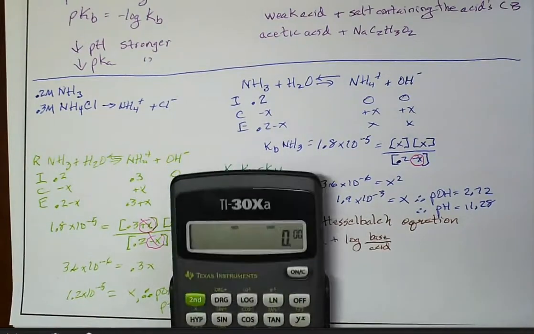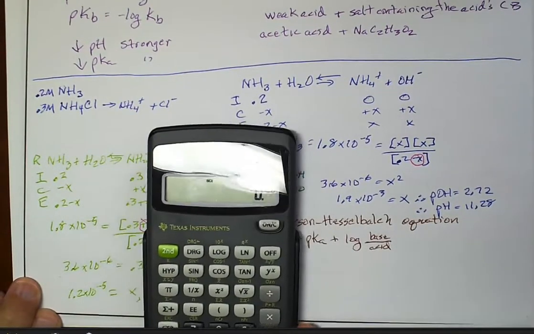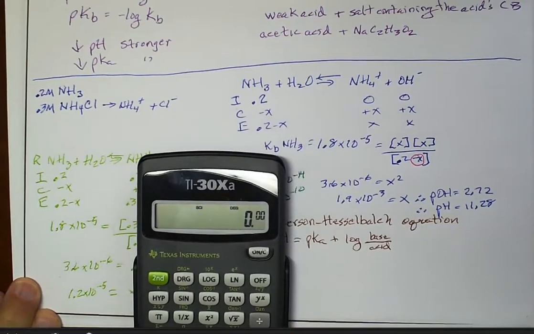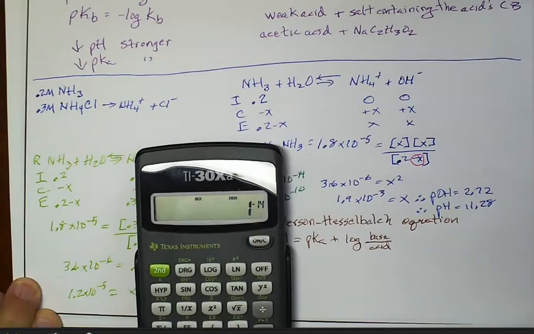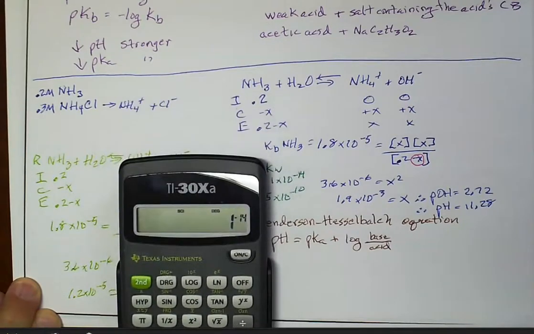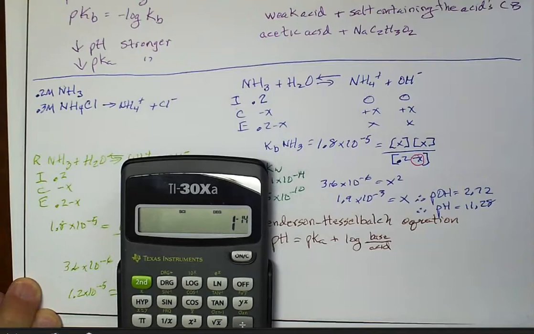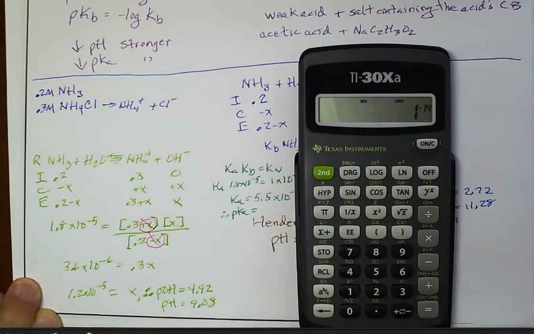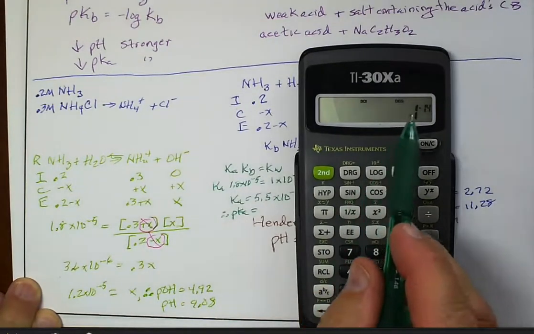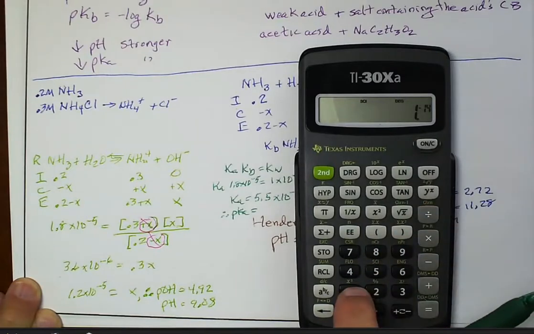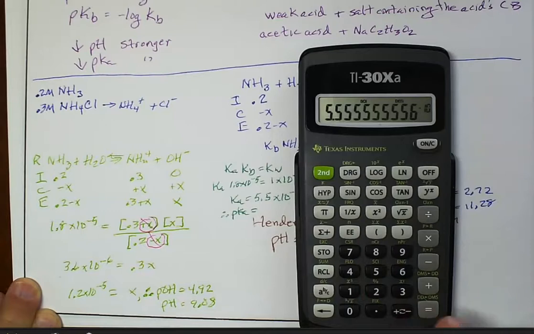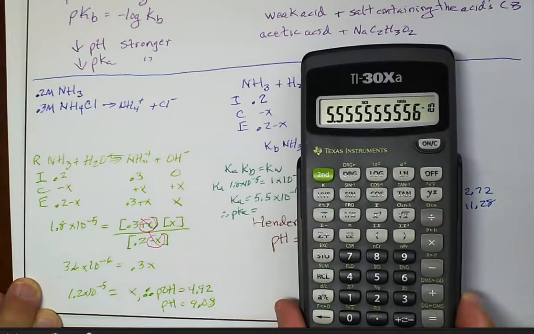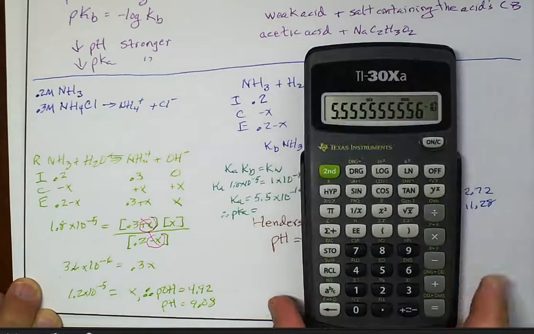All right. So just work through that again. 1 times 10 to the negative 14. Got a bad glare there. You can't see my... How about that? There we go. So 1 times 10 to the negative 14 divided by 1.8 times 10 to the negative 5 is 5 point repeating 5s times 10 to the negative 10.